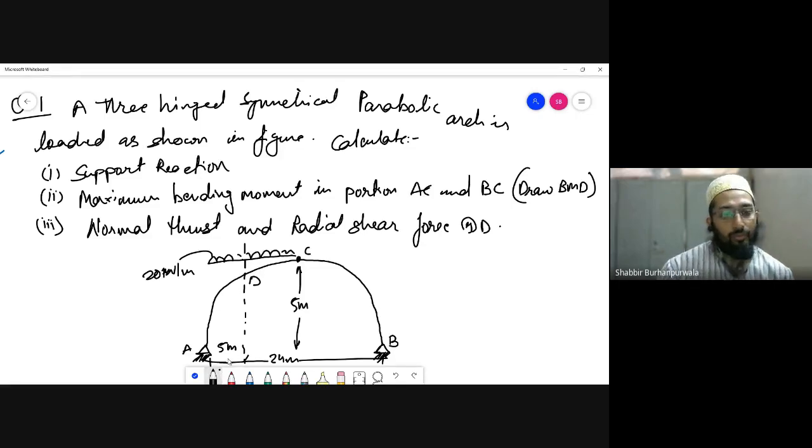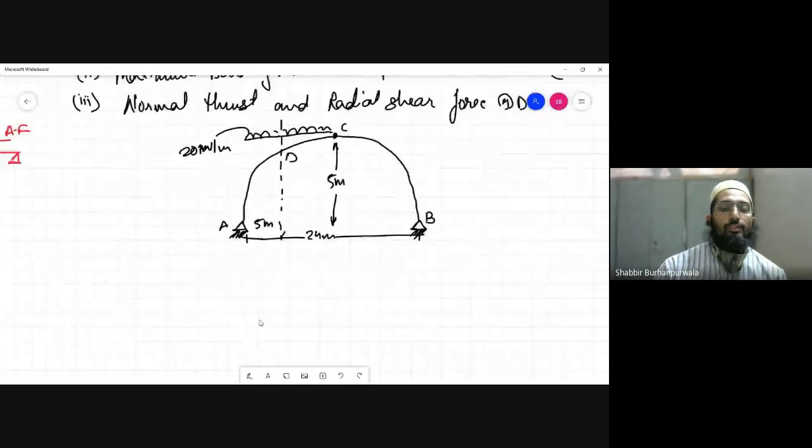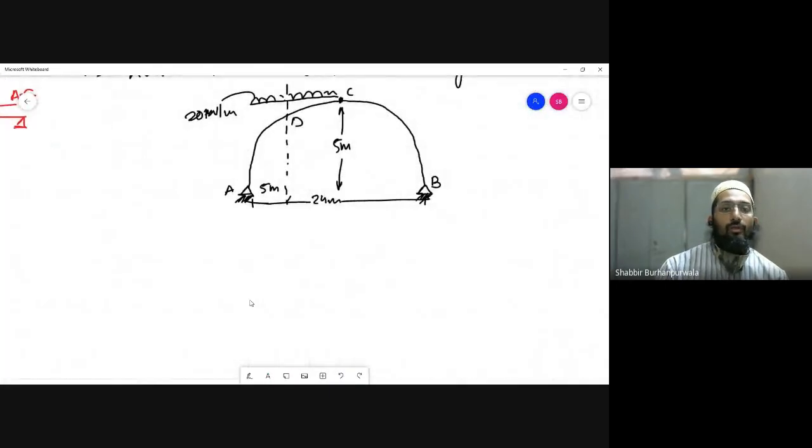Okay, so this is the diagram, this is the question, so this is the total overall question. Okay, now for this particular problem, we'll keep this diagram over here and let us start with the solution part.